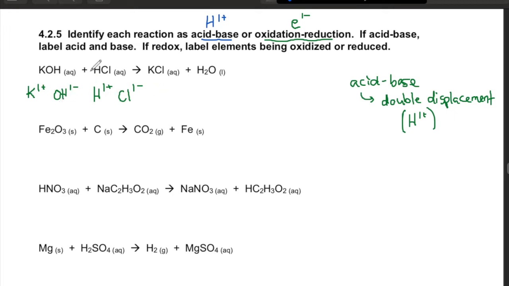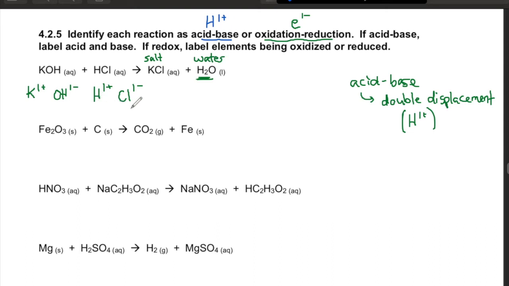We have hydrogen that was with the chloride, and it ends up with the hydroxide, making a water molecule. So this is a special kind of acid-base reaction where we have an acid and a base coming together to make a water molecule and a salt. So here we have our salt, here we have water.